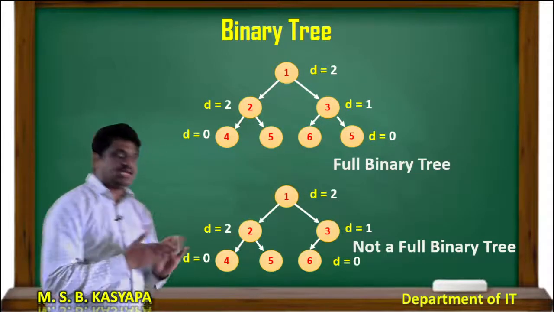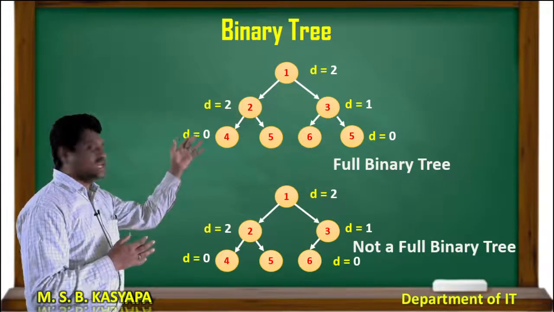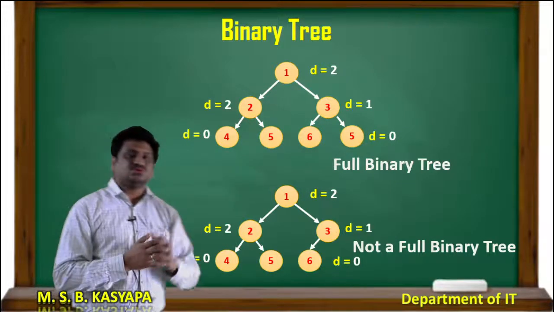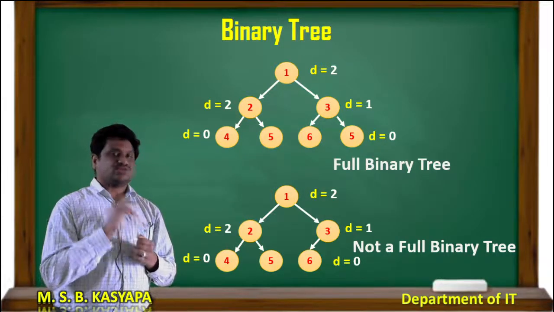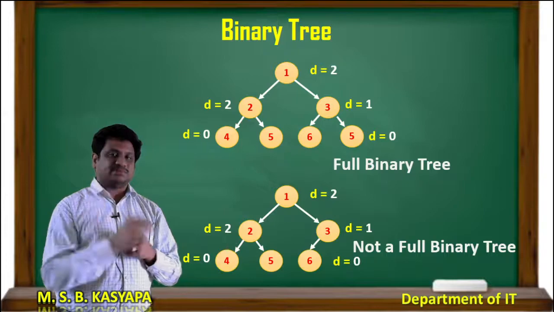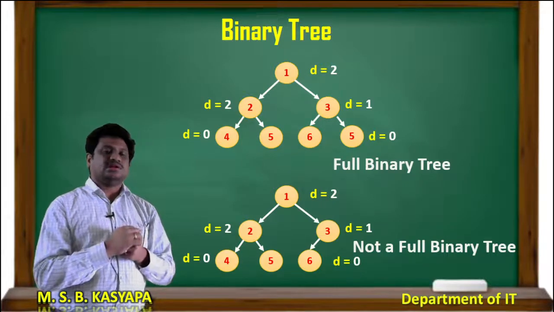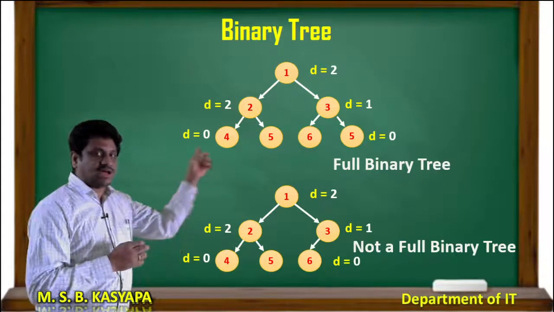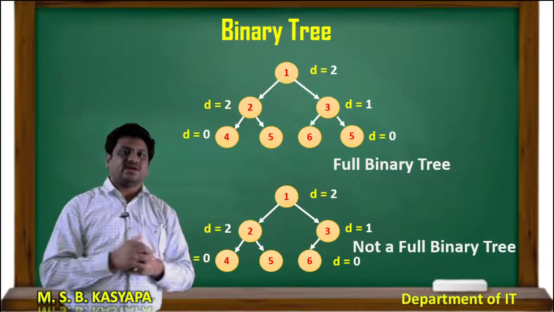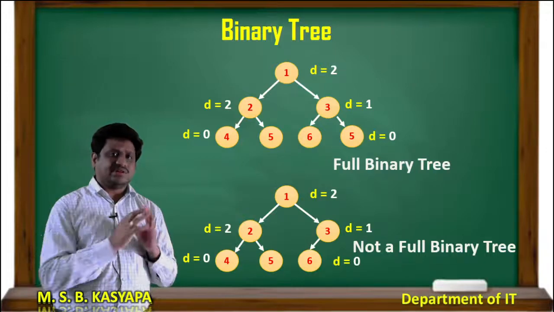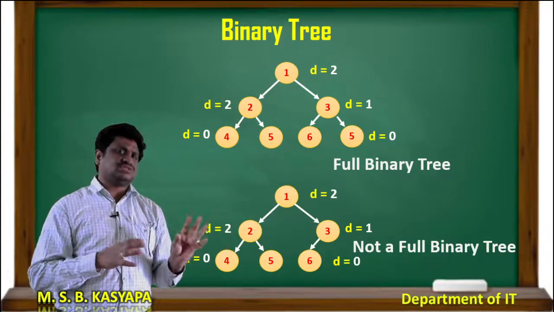If you see the first diagram, in this each and every node contains 2 subnodes. 1 contains 2 and 3, 2 contains 4 and 5, 3 contains 6 and 7. So everywhere there are 2 children. If you see the last level, level 2, the leaf nodes 4, 5, 6, and 7 don't have any children. So that means either 0 children or 2 children.